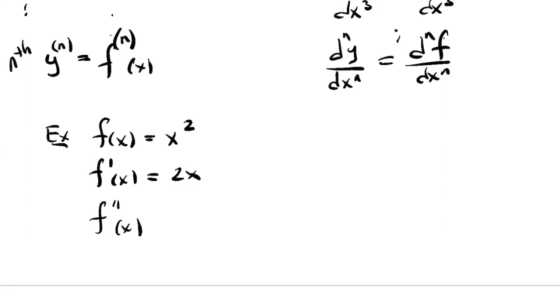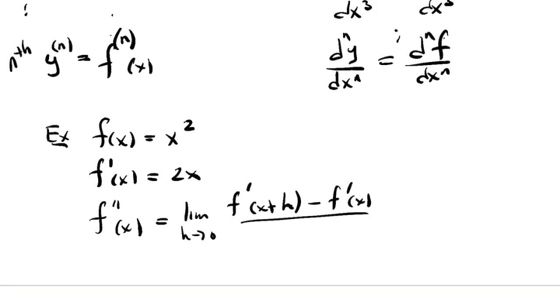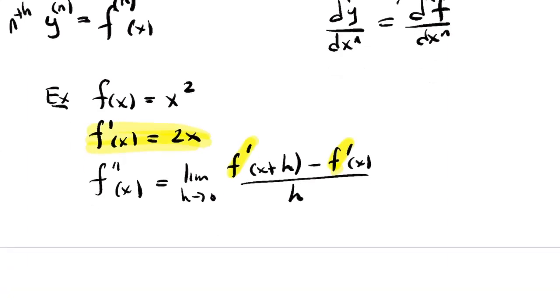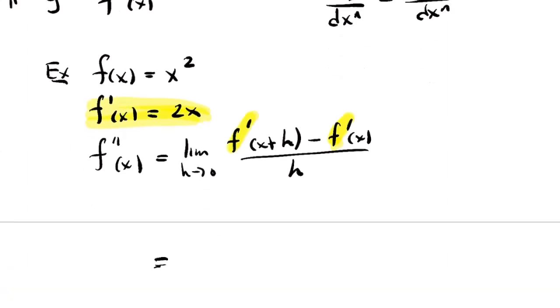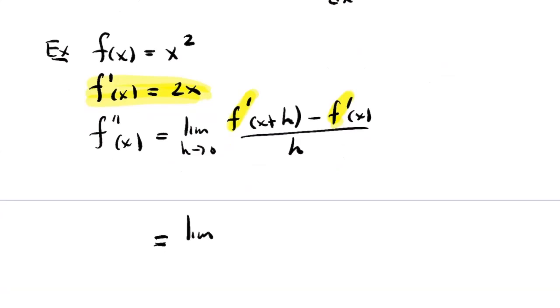We take the limit as h goes to 0 of f prime of x plus h minus f prime of x, over h. I'm just applying the limit definition of the derivative to the derivative function. You don't have to worry that it's a derivative; it's no more complicated than any other function. Let's keep going.